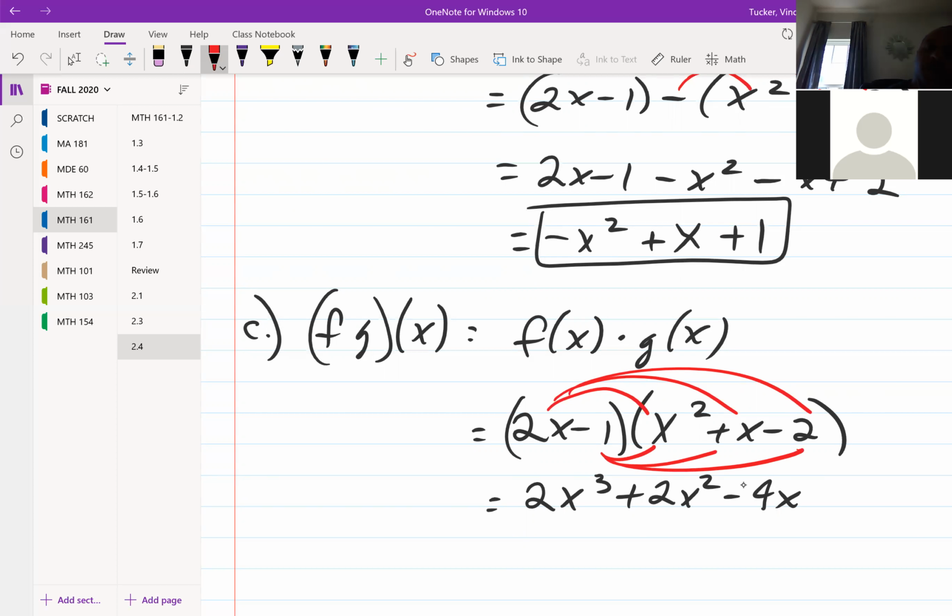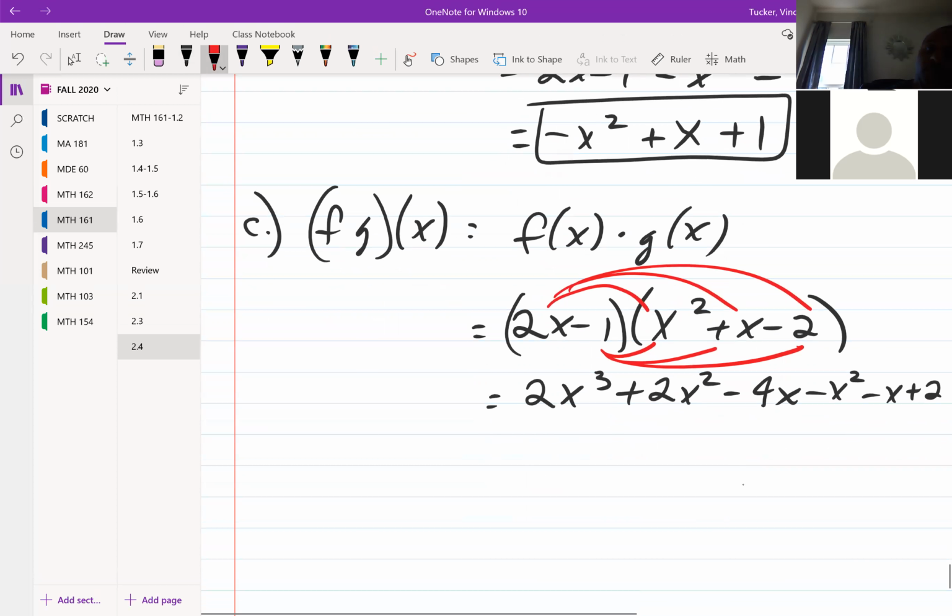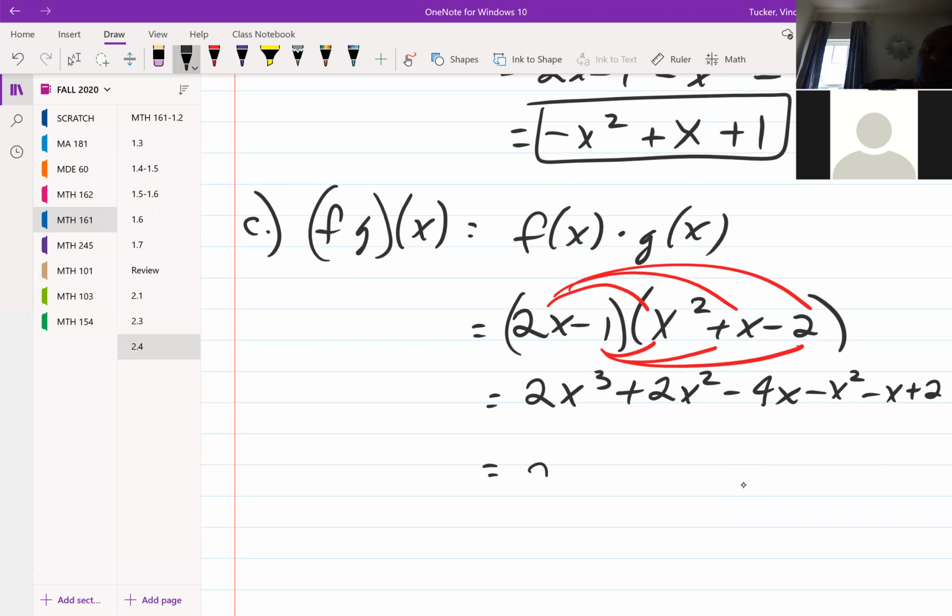Distribute the negative 1: negative x squared, negative x plus 2. Combine your like terms. All right, so it's 2x cubed plus x squared minus 5x plus 2.